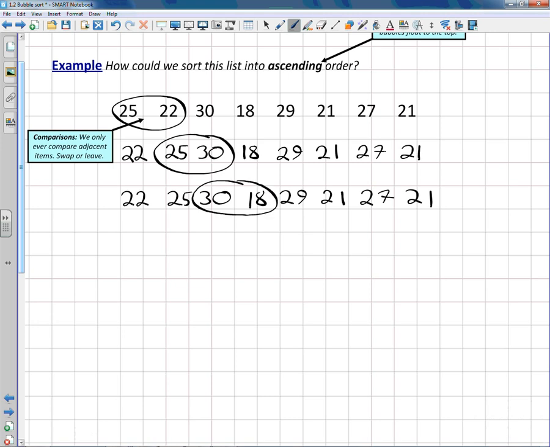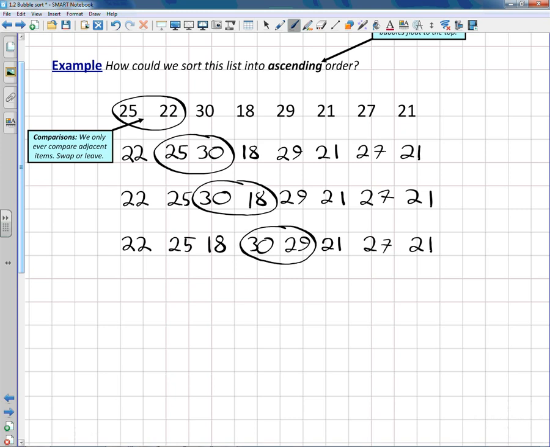So now we ask ourselves, should 30 jump over the 18? Is 30 bigger than 18? Of course it is. So it will jump over. So now 18 will be there and 30 will be here. And the bubble moves along again.